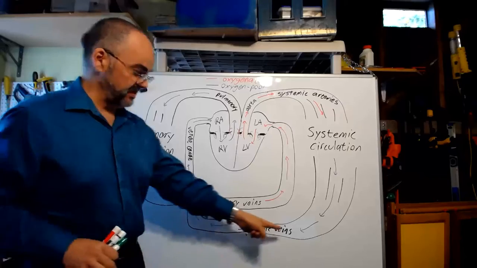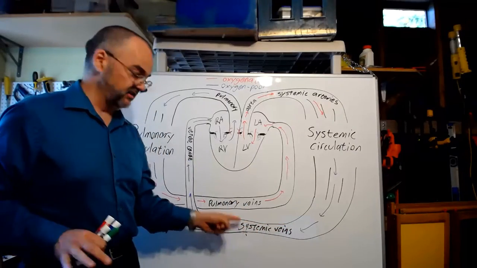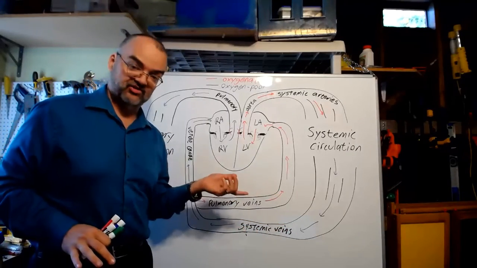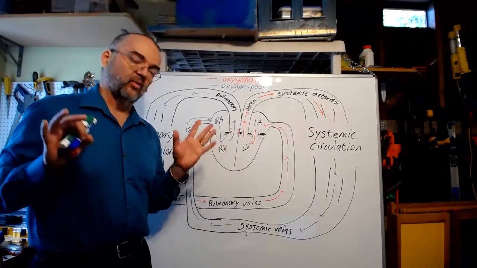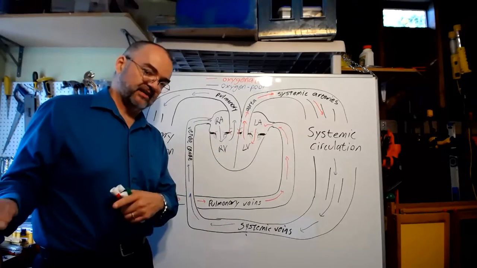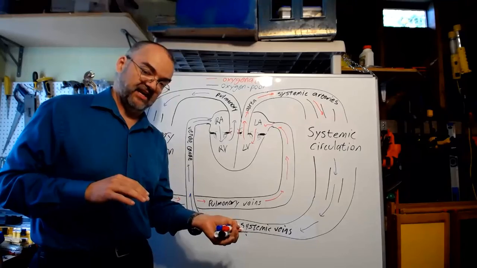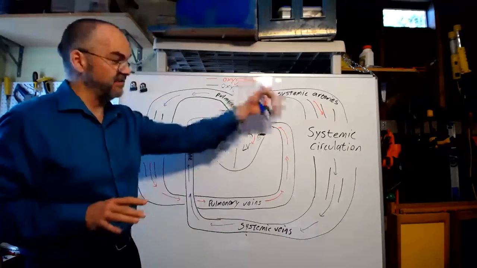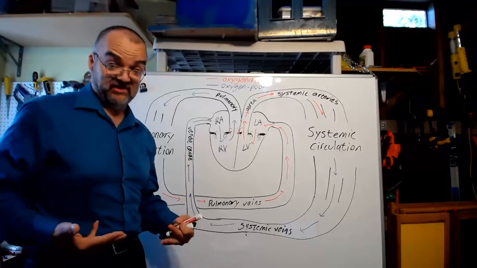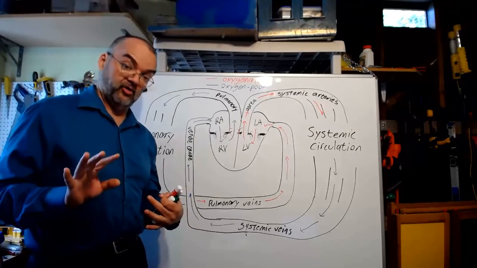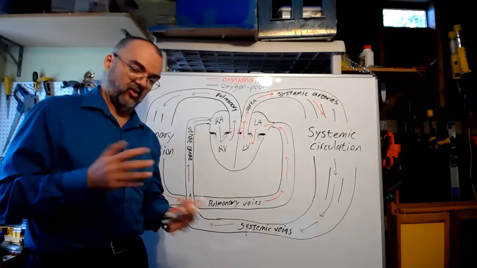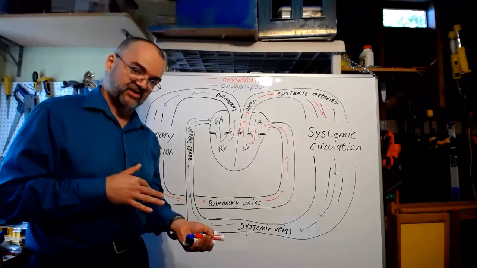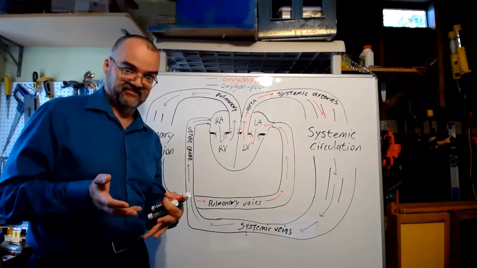Likewise, while the systemic veins carry poor oxygen blood, the pulmonary veins carry well-oxygenated blood. So when people think about oxygenated blood and arterial blood being the same thing, and deoxygenated and venous blood being the same thing, that's because they're thinking of the systemic circulation, which is most of it. But do keep in mind that for the pulmonary circulation, it's reversed as to whether arteries or veins carry well oxygenated or poorly oxygenated blood.